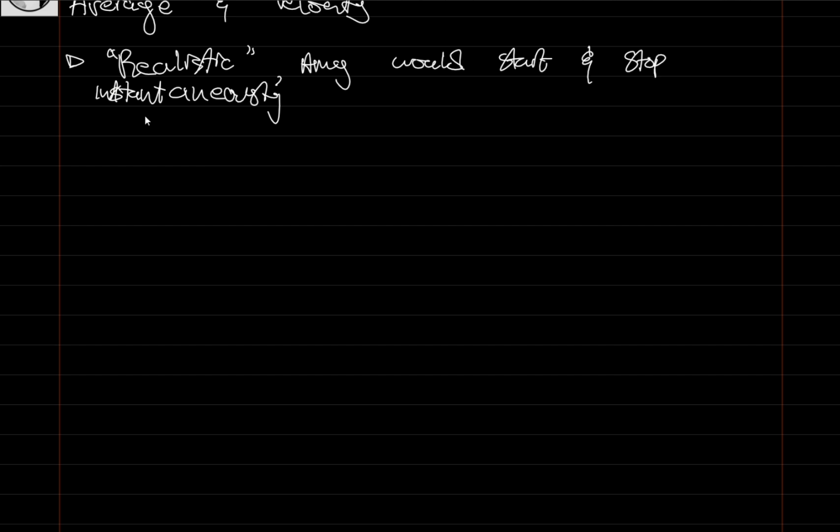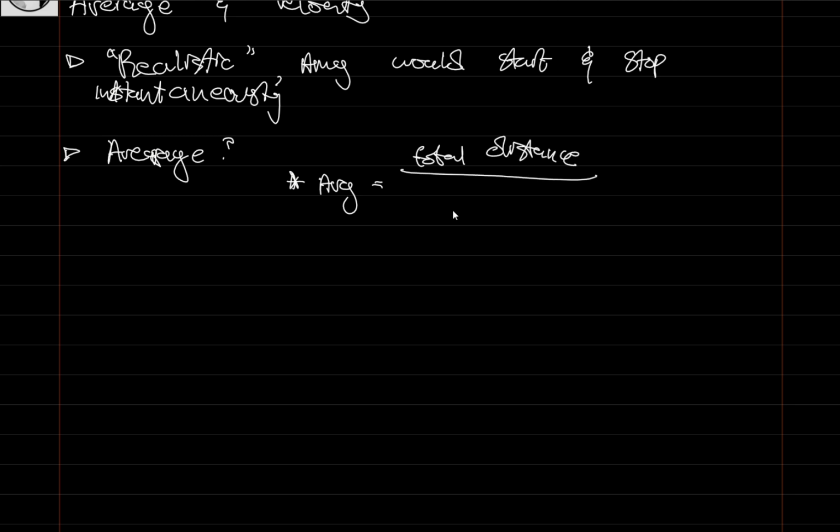So how would we know the actual speed that she did, the velocity? Because remember, they said she traveled at a constant velocity of 10 meters per second. Well, we need to average it out. We'll have to know what the average is. Now in our terms, we would say the average would be given by the total distance she traveled over the total time, like I said earlier.